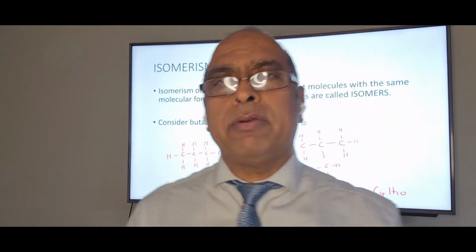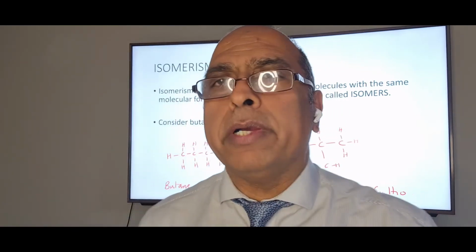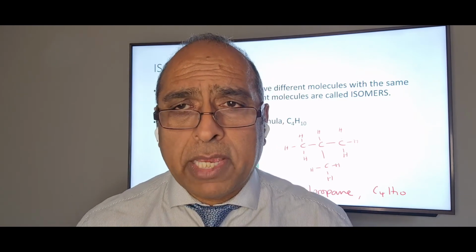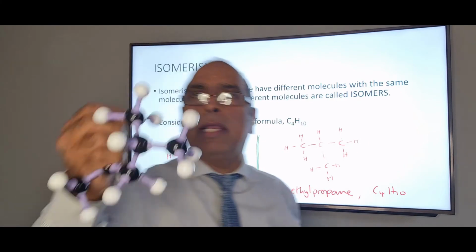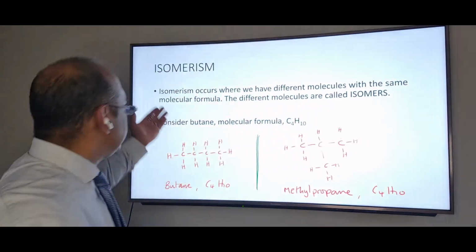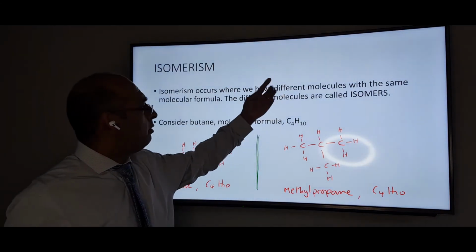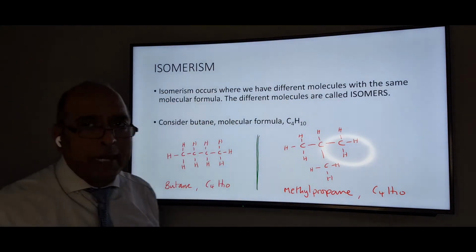Now we can't go around using made-up words like linkaging. We have to use normal words that are in the chemistry syllabus specifications. So the words I want you to use are, these are isomers, and the definition of isomers is where we've got different molecular structures with the same molecular formula.